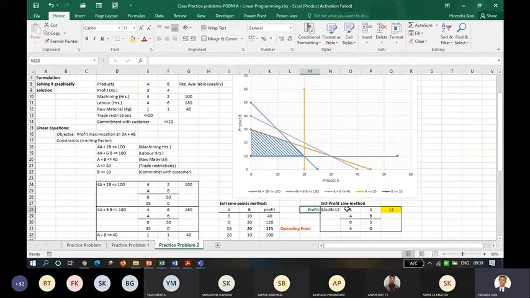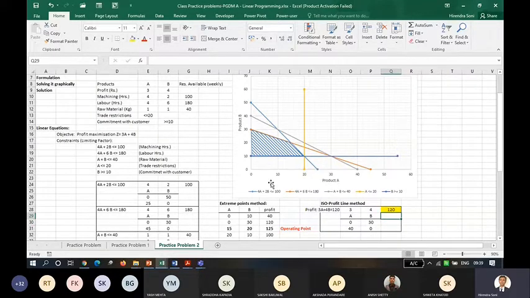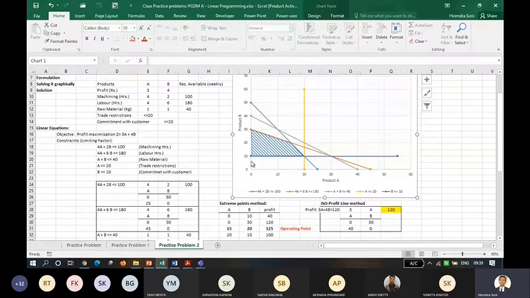So it will take up whatever shape I give it, and I'm going to add this equation also into the graph, and I will see how my profit line behaves.